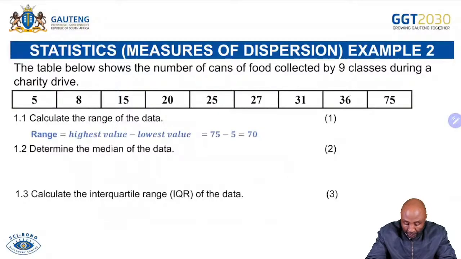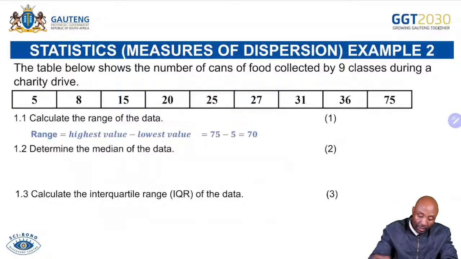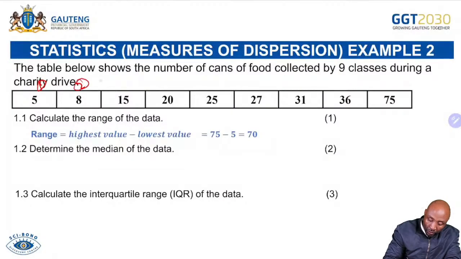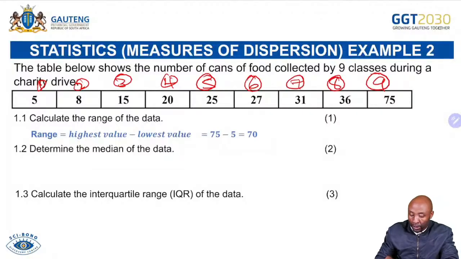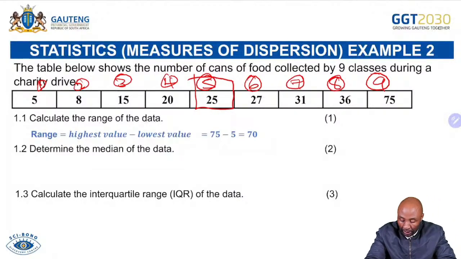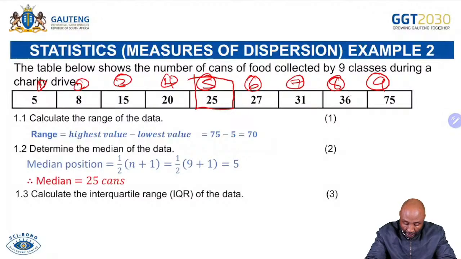The median for the data, we have 9 data items, so it is half of 9 plus 1, which gives us position number 5. 1, 2, 3, 4, 5, 6, 7, 8, 9. So we take the data item in position number 5, and the median will be 25 cans.